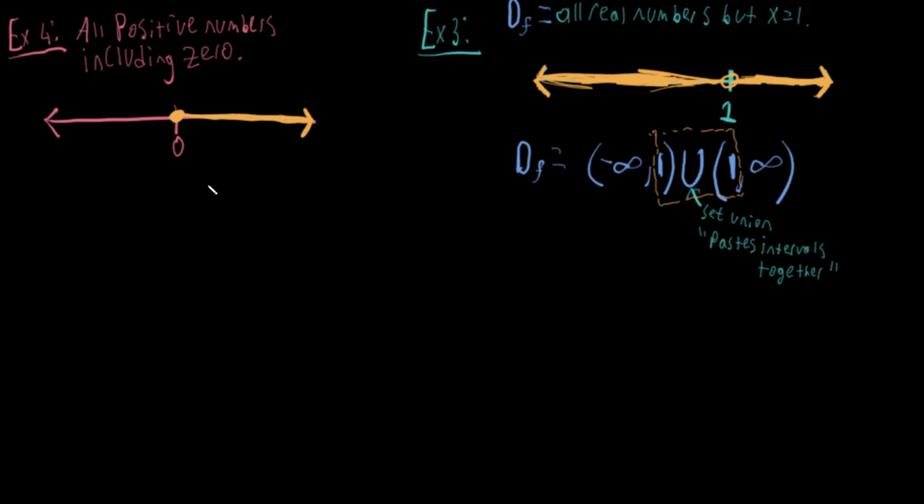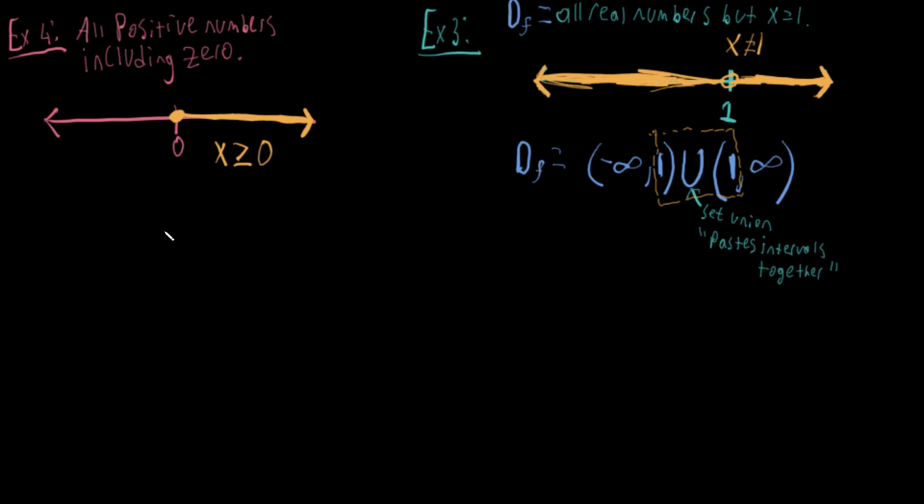Now, if you wanted to say this using, for example, an inequality, you would just say all of your x's greater than or equal to 0. And that's how you would say that. If you wanted to say this over here, by the way, you would just say x not equal to 1, if you wanted to say this using an inequality or an equality statement.